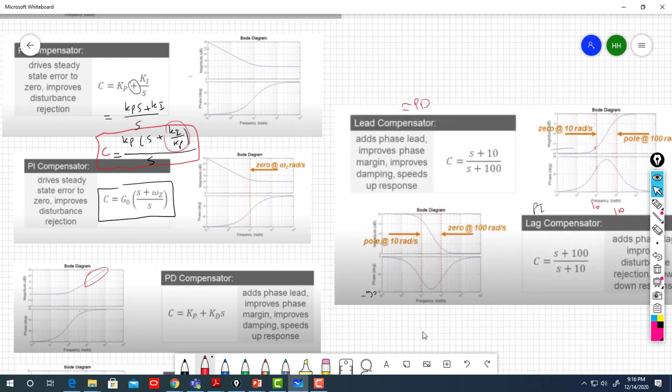It is not exactly the same, because here it will eliminate the steady state error. Here it improves damping and speeds up response. Because here you don't have high gain at infinity, you have a good gain, 20 decibels. It's not zero, but it's not infinity or very high gain. So that's why the PI controller is like this.